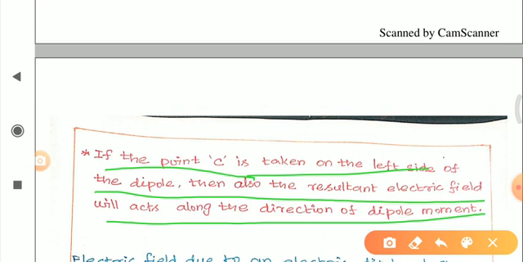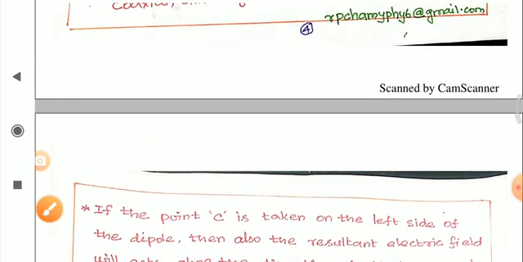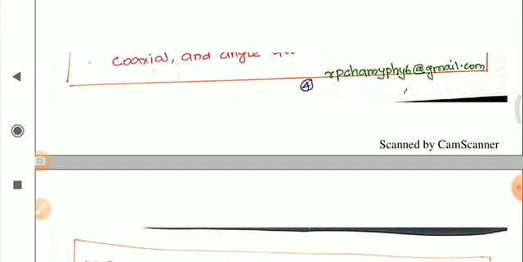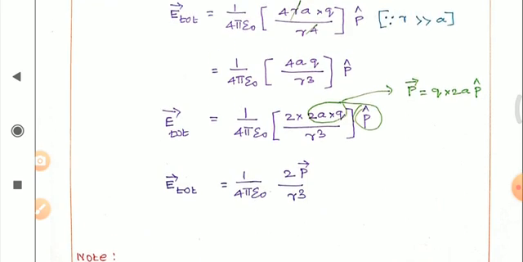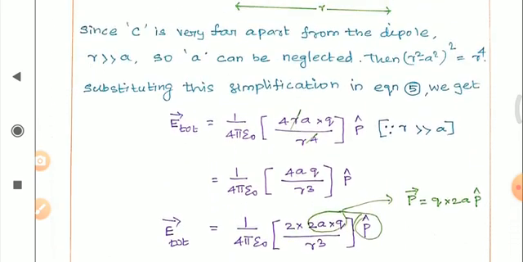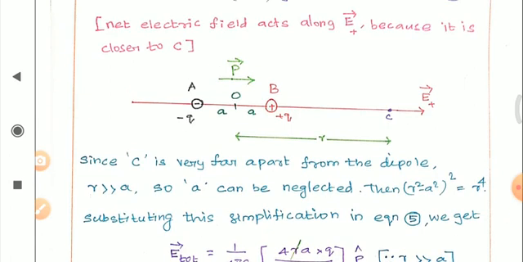So you have to remember one thing: in the case of the axial line, whether the point is taken right of the dipole or left of the dipole, the resulting electric field always acts along the direction of the electric dipole moment. Otherwise we can say both act along the same direction. Okay, are you clear? Right, this is an important 5-mark question. A 1-mark question can also be expected from this.